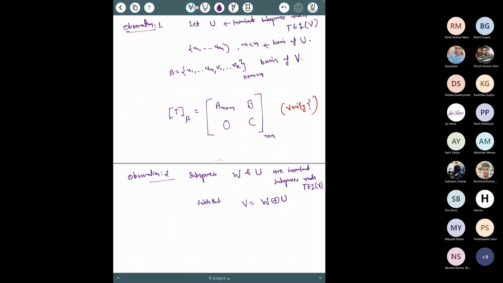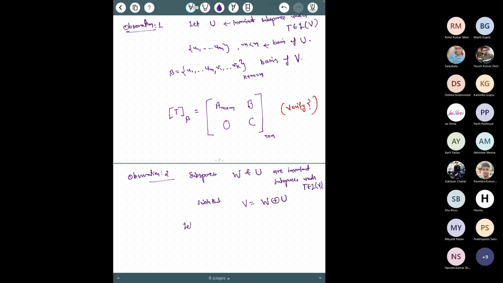If V is the direct sum of W and U, then you know that if you take the union of a basis of W and a basis of U, then that union will form a basis of V. We have done this because of direct sum. So you can take the union of these two bases.